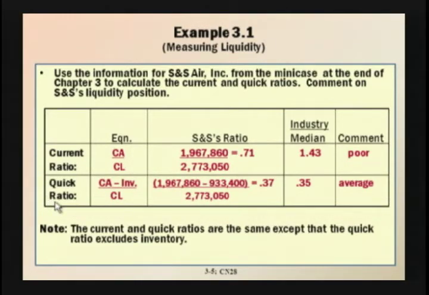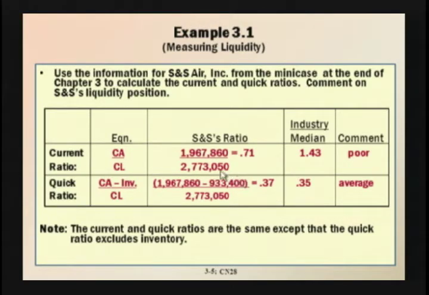Can S&S meet its current obligations? Well, by looking at the current ratio, we would say no, it does not have very good liquidity. But when measured by the quick ratio, we see its liquidity is average and actually just slightly above the industry median, again using the quick ratio.